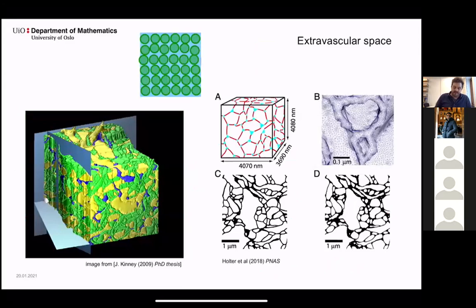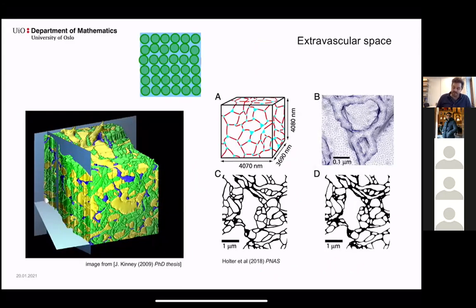Just for this extravascular space, how this roughly looks like. This is reconstructed cell surface from the neuropil in the brain, and you can see in different colors different types of cells. They're quite small, and the space in between them is even smaller.